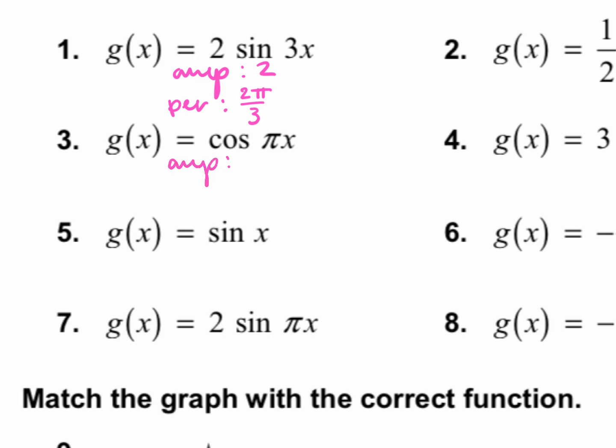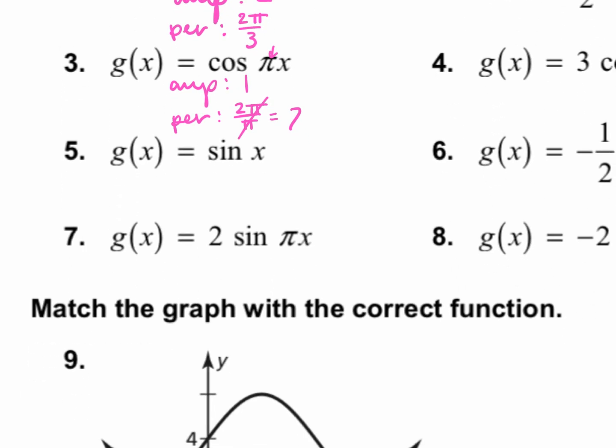For number 3, what's our amplitude? 1, and what's our period? 2 pi over pi, because this is our b, so this simplifies to 2. For number 5, what's our amplitude?